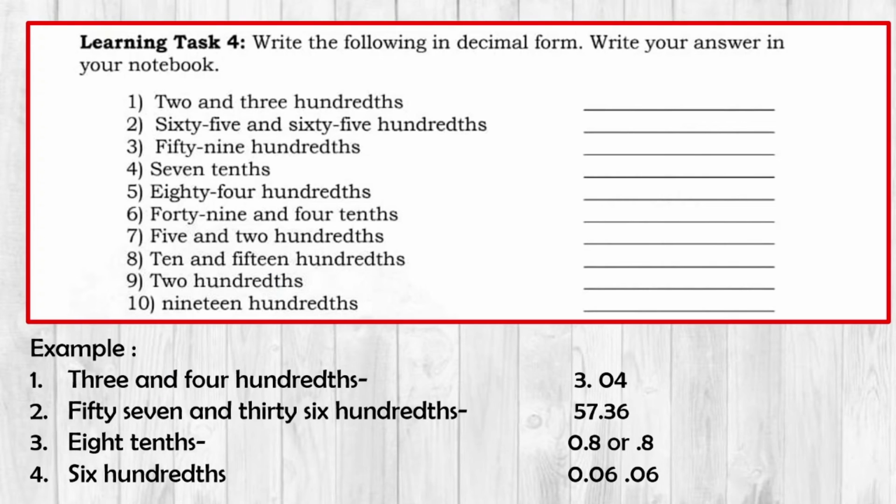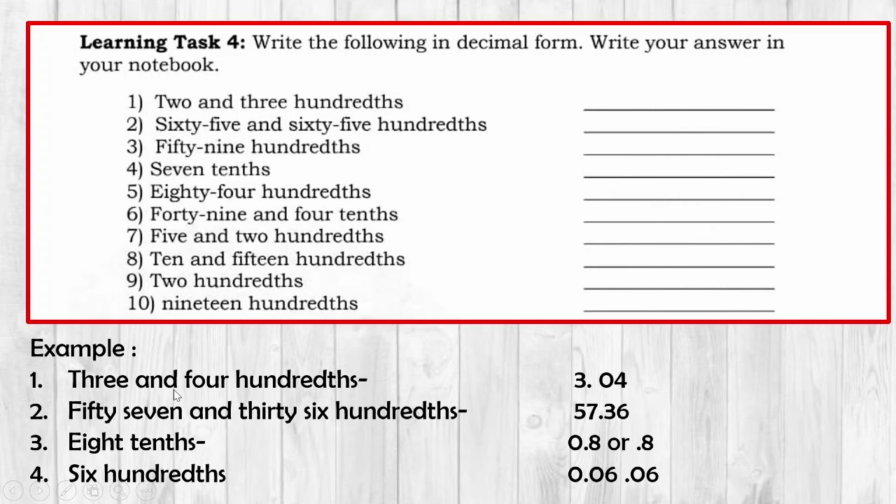Next, Learning Task 4. Write the following in decimal form. Write your answer in your notebook. Isusulat nyo siya in the form of decimal. Dito sa baba, meron akong example. 3 and 4 hundredths. Okay? Yung 3 ay whole number.